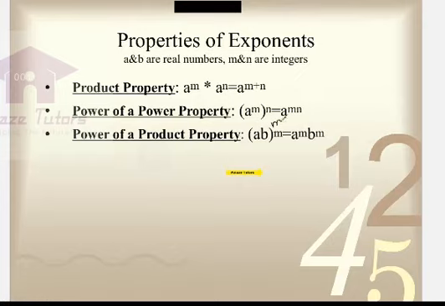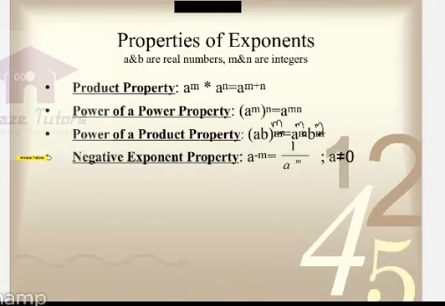So this is simply the distributive property. You are distributing the power inside the brackets. Let's look at the next property.